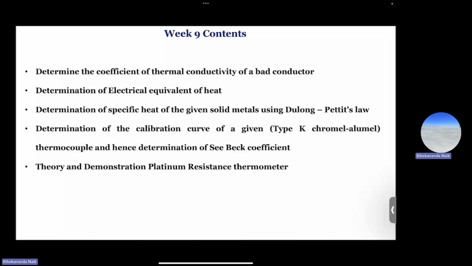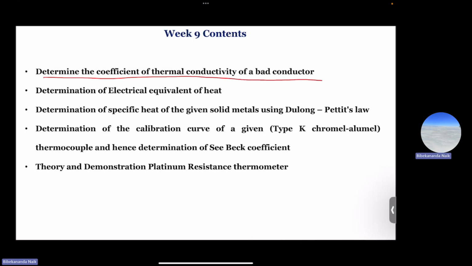If we see the week 9 contents, the first lecture was about determining the coefficient of thermal conductivity of a bad conductor. What thermal conductivity is and how it is determined were discussed.